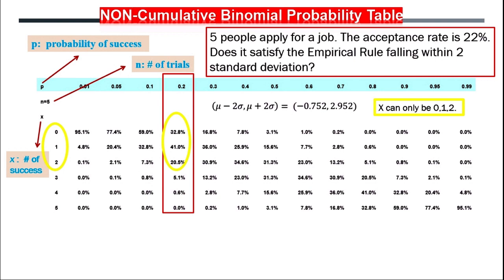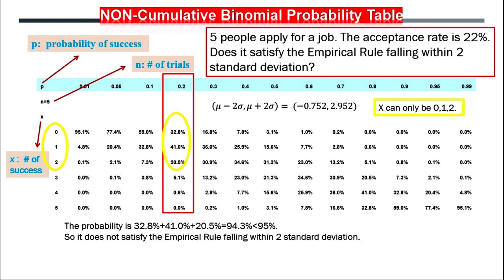The probability is 32.8% plus 41.0% plus 20.5% equals 94.3%, less than 95%. So it does not satisfy the empirical rule of falling within 2 standard deviations. That's all for this video.